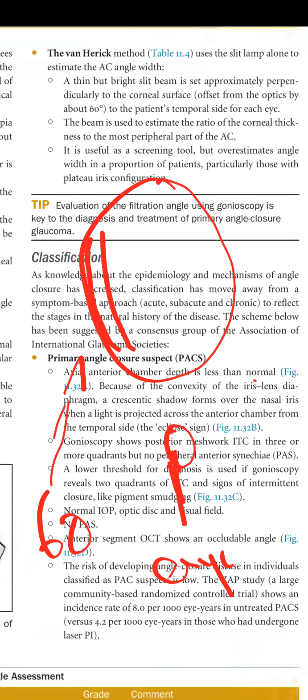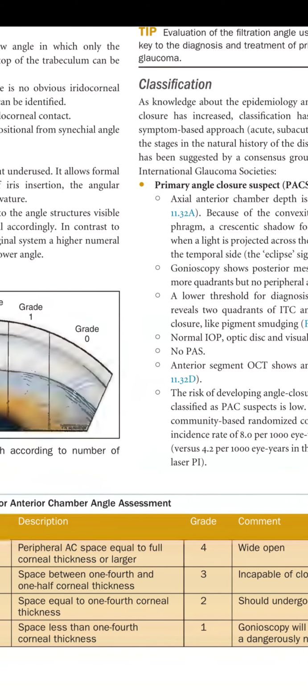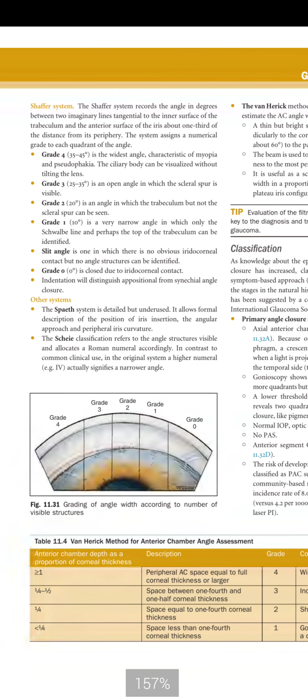So we make a slit, and then there is another shadow that is formed on the iris. So we just measure that depth against that of the cornea, and if the depth is equal to the corneal slit, it means the AC depth is normal and the angle is going to be open. So this is the anterior chamber depth, van Herick method, and anterior chamber angle assessment.